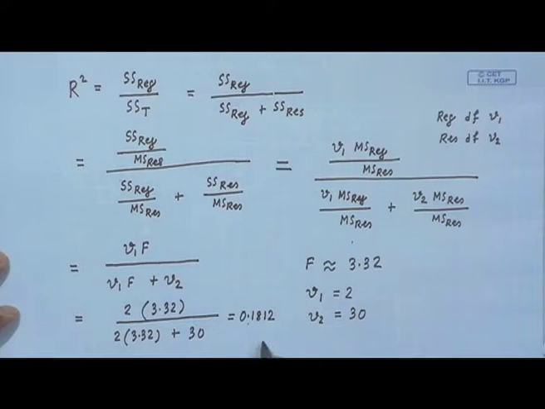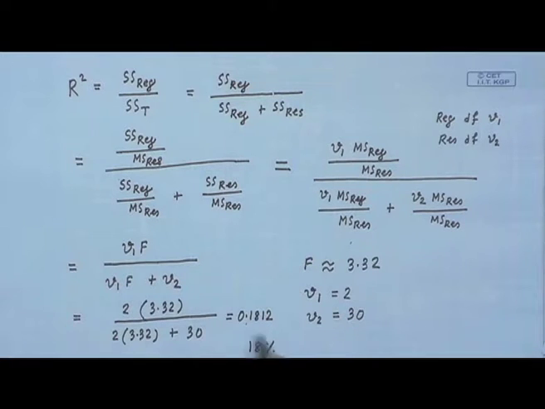That means, you know what R square is. R square is the proportion of variability in y about the mean that is explained by the model. So, this means only 18% of total variability has been explained by the model.